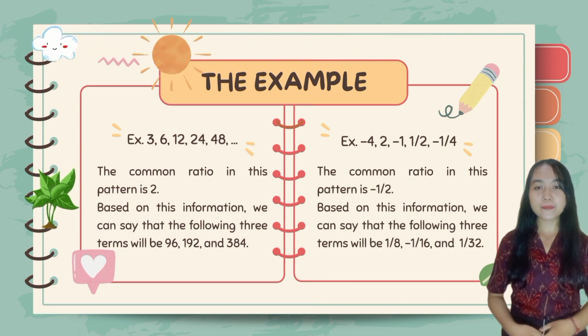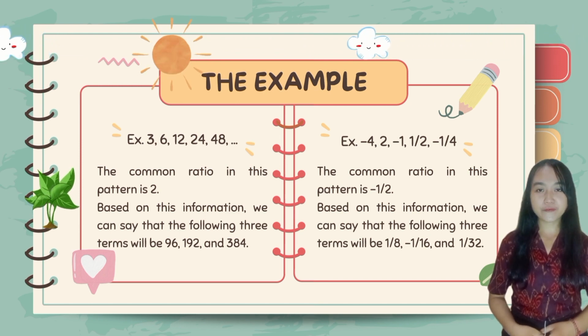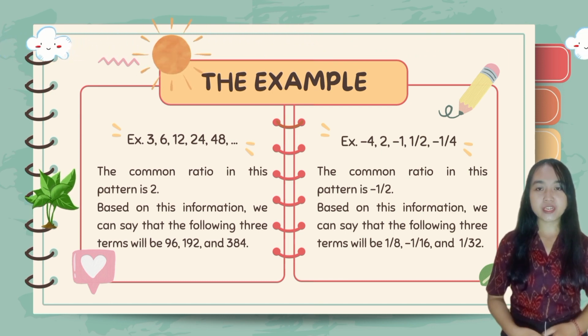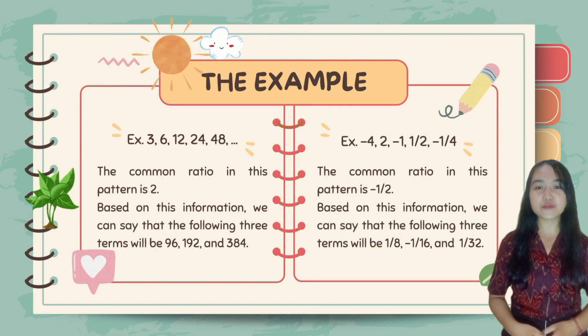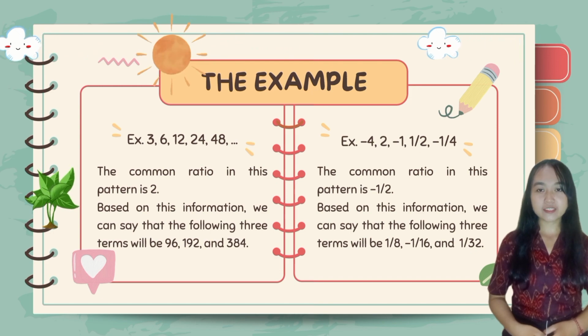And the second example is negative 4, 2, negative 1, a half, negative a quarter, and so on. The common ratio in this pattern is negative a half. Based on this information, we can say that the following 3 terms will be 1/8, negative 1/16, and 1/32.